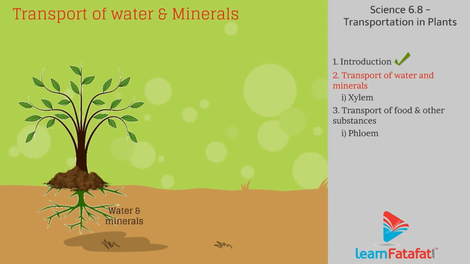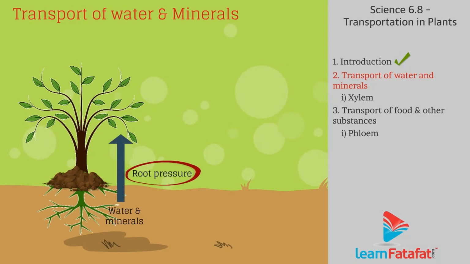Water and minerals collected in roots create a steady upward pressure called root pressure, with which water moves to upper body parts. But this pressure is insufficient to move water to higher body parts. The loss of water in the form of vapors through the upper body parts is called transpiration.